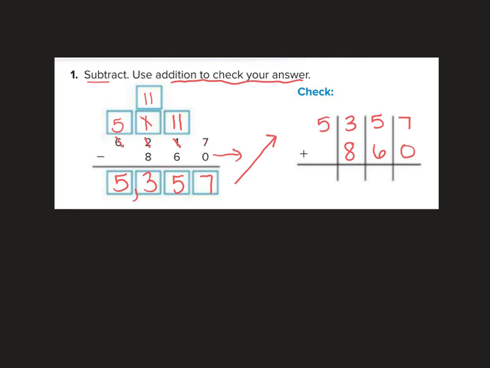Here we go. 7 plus 0 is 7. 5 plus 6 is 11. 3 plus 8 makes 11, plus 1 more is 12. And 5 plus 1 is 6. 6,217 and 6,217. Check. We did it.